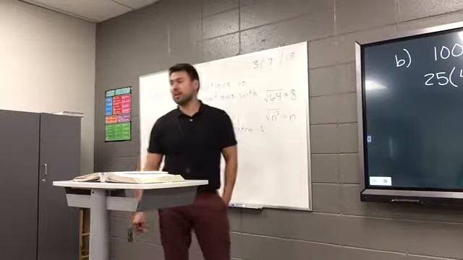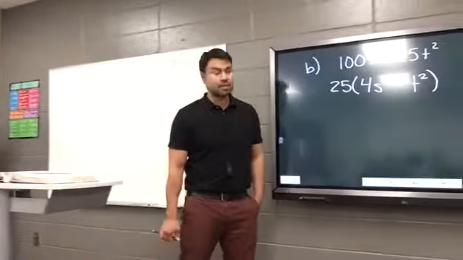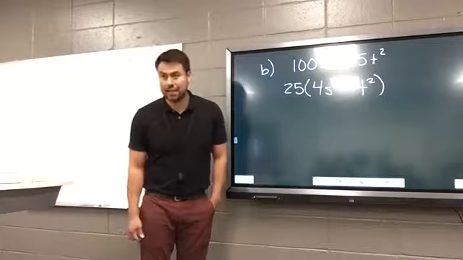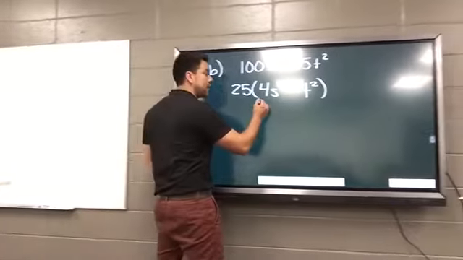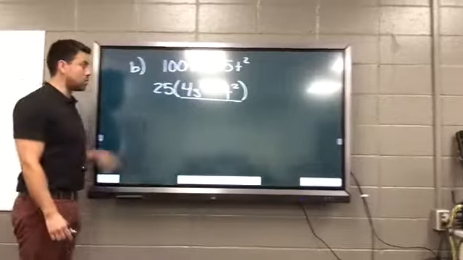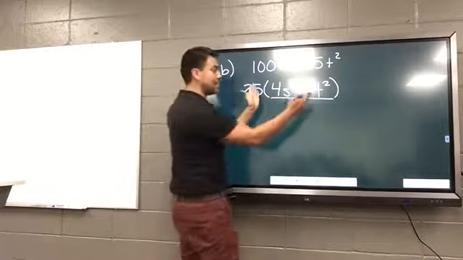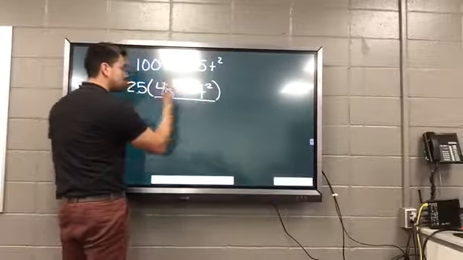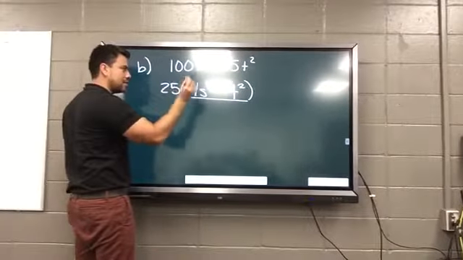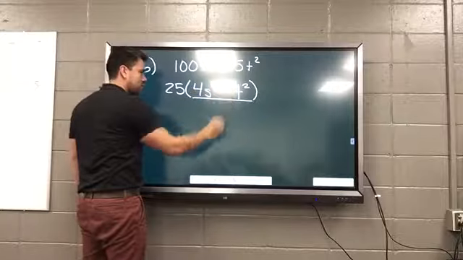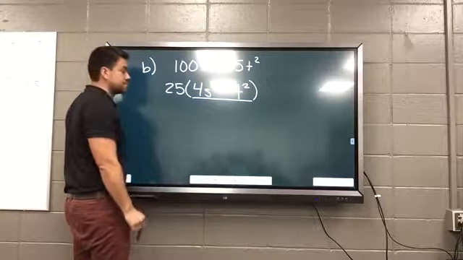Did I make it into a multiplication problem? Yes. Did I factor it completely? This right here can be factored even more. So you did factor it, and now it's a multiplication problem, but can I make this simpler? Is it a difference of squares? Yes.